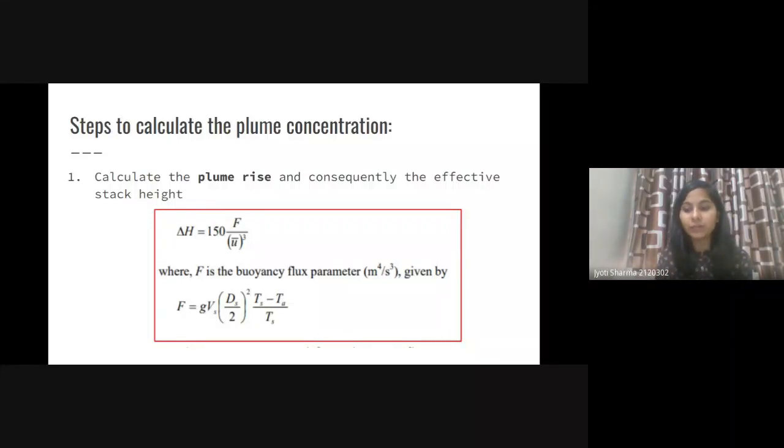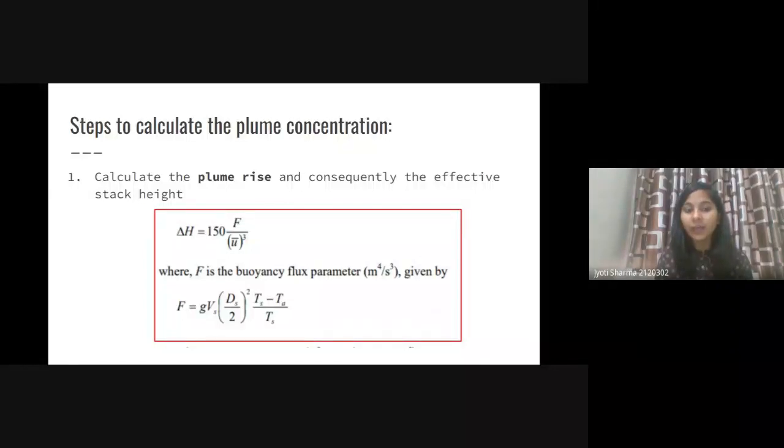If you have the wind velocity or the mean velocity, this is okay, but here F is the buoyancy flux parameter. And this buoyancy flux parameter is dependent on the acceleration due to gravity, and the velocity with which your plume or gas is releasing from your stack.